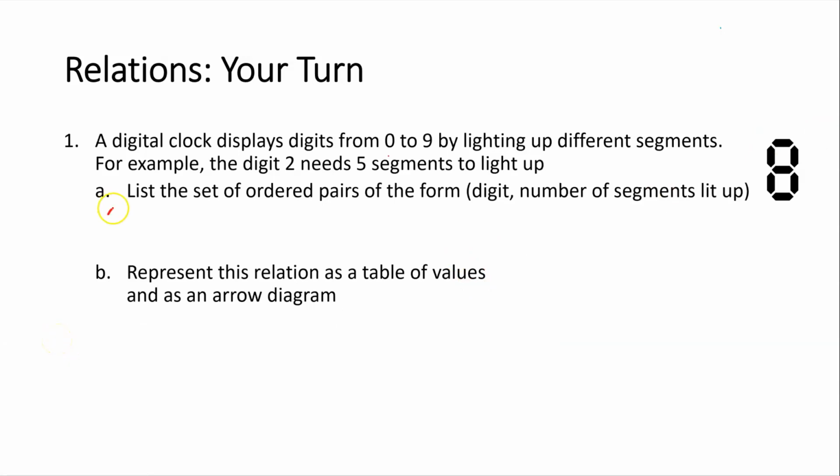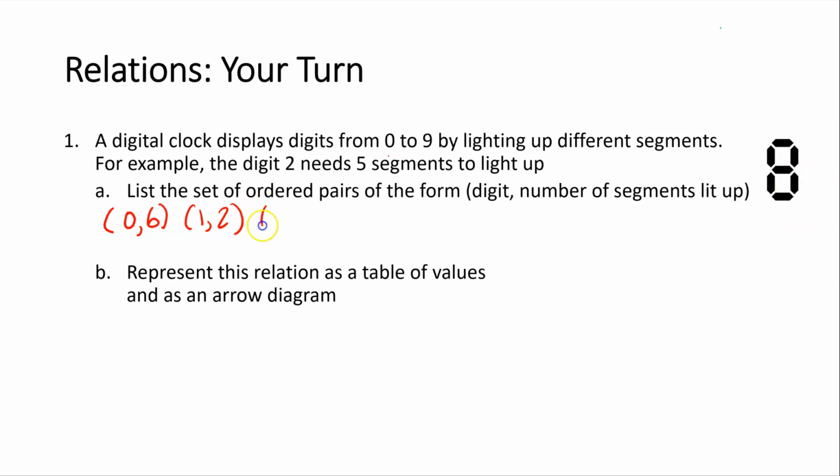So for ordered pairs, you have an input of 0. 0 is going to take how many light segments? 1, 2, 3, 4, 5, 6. So 0 would need 6 light segments. The number 1 would need just 1, 2 line segments.